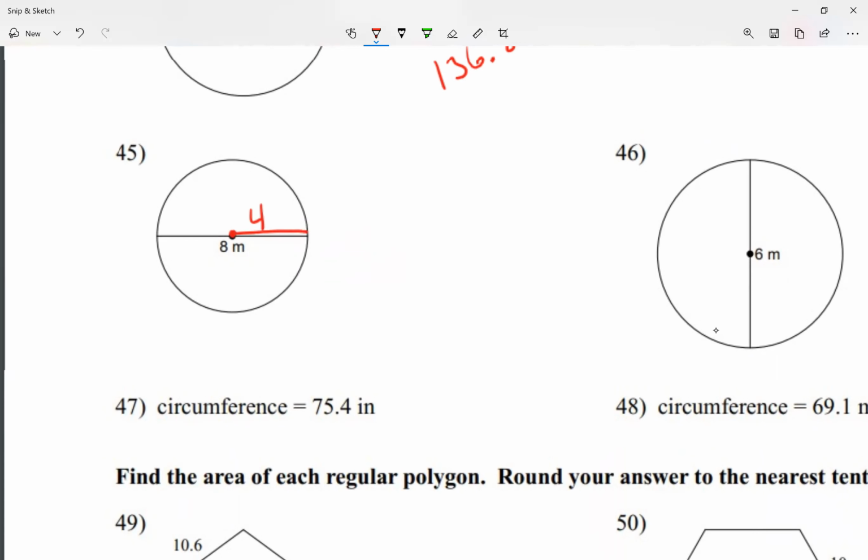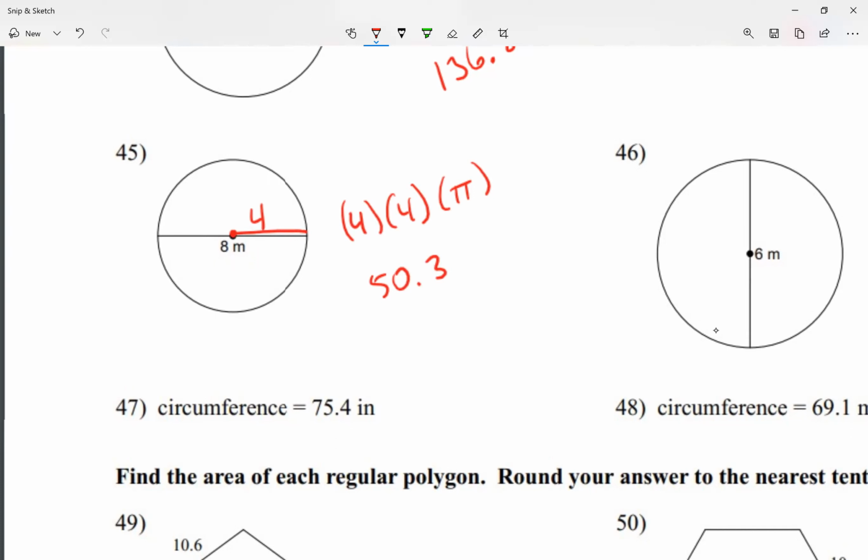The diameter is 8. The radius is half of it. So I'm going to say it's 4, right? The half of 8. So now for the area of this circle, I'm going to go 4 times 4 times pi. So according to my calculator, I get 50.3. I rounded to 1 decimal place.